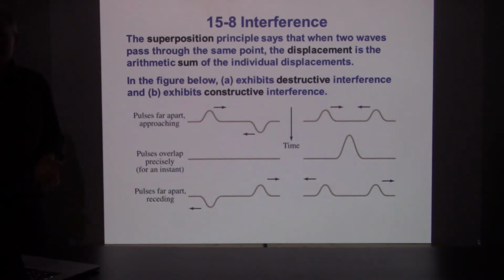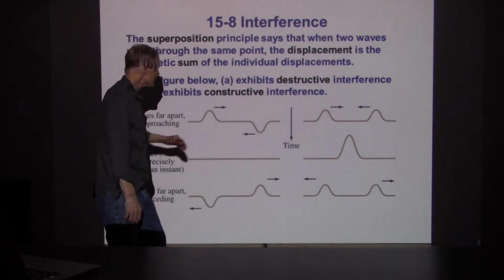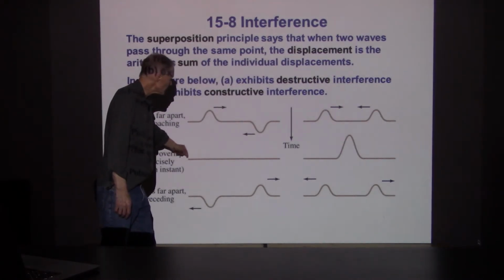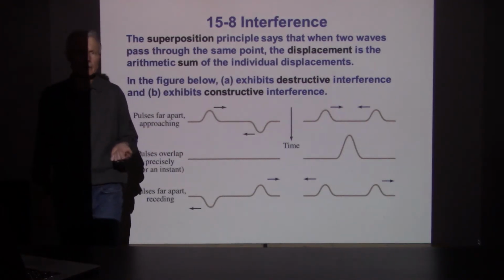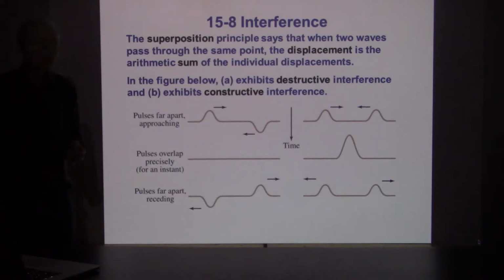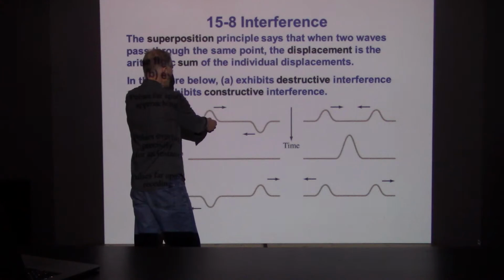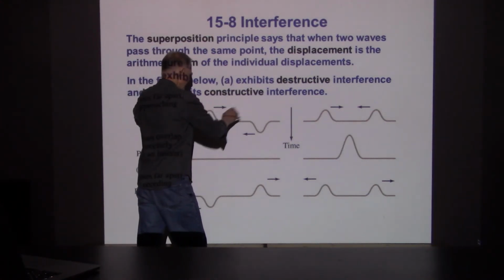How is that possible? And what we have to remember here is, even though the displacements have gone to zero right here, the velocities have not. The medium velocities. So here, what we had was individual pieces of the medium are moving back and forth as this wave goes by.